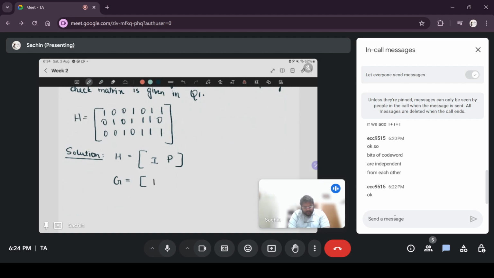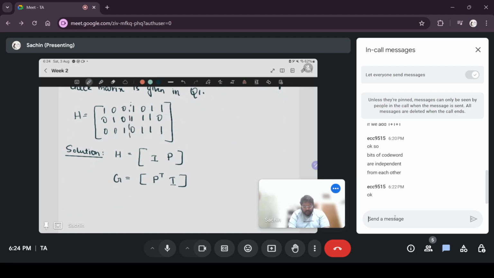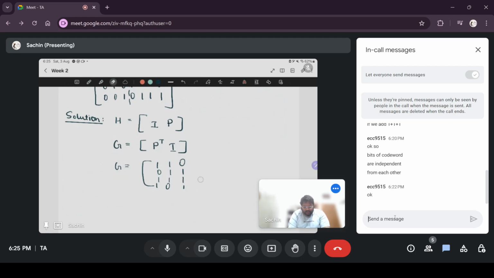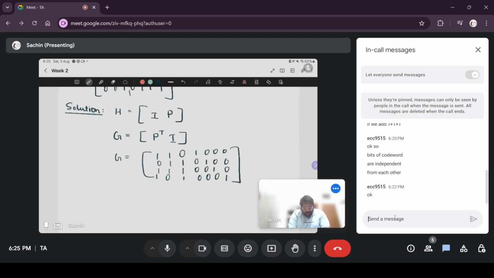The generator matrix will be in the form P transpose I. So this part is your P and this part is your I. So the generator matrix for this code will be P transpose is 110 011 111 101 with I, the identity. That will be the generator matrix for the code.